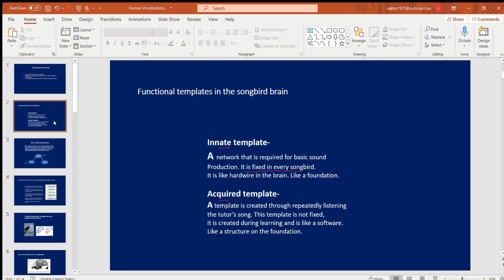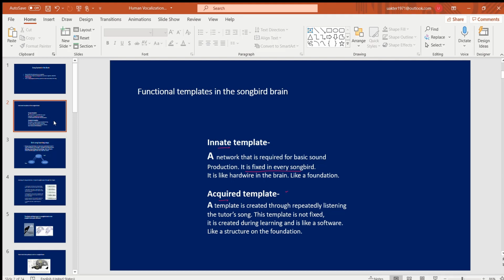So those structures or parts function based on the species and their genes, and that part, the innate template, is kind of fixed. However, the acquired template is developed by learning.